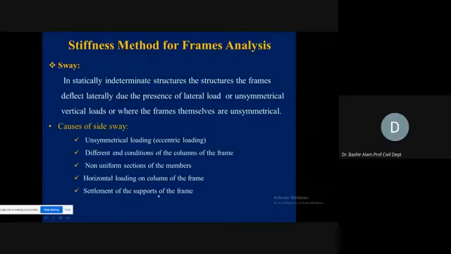And fifth, unequal settlements of the supports of the frame. So these are five causes which you should look for in a structure. And by feeling, remember, you can even find out whether this frame is going to have a side sway or is going to be without side sway.